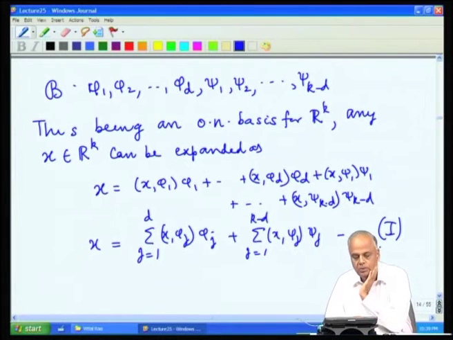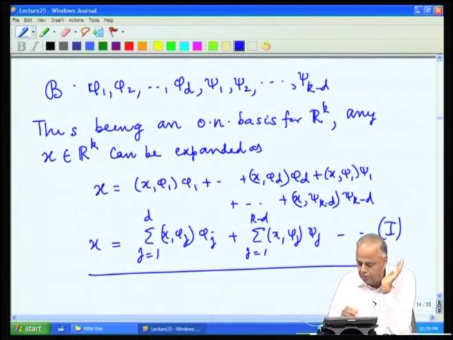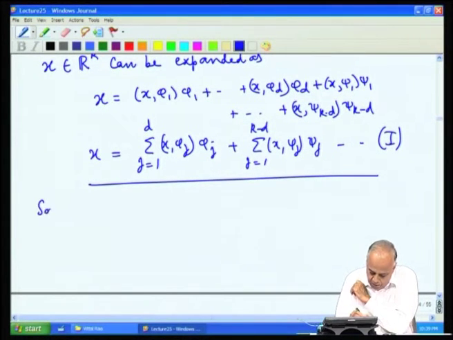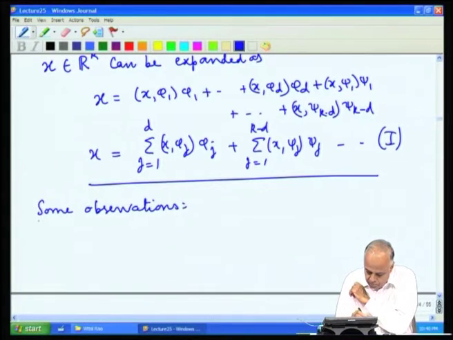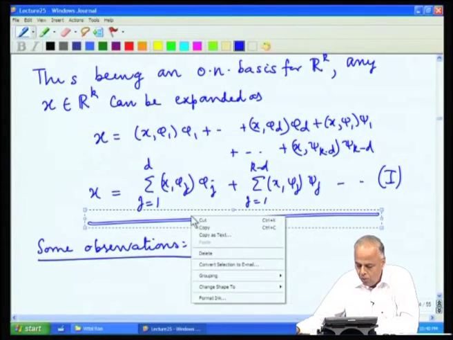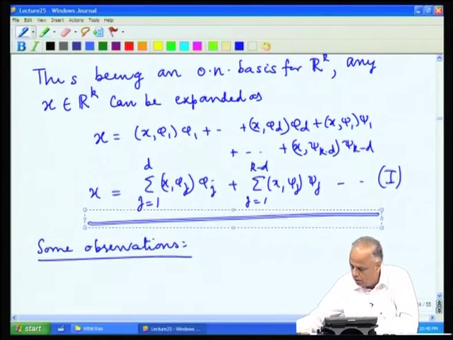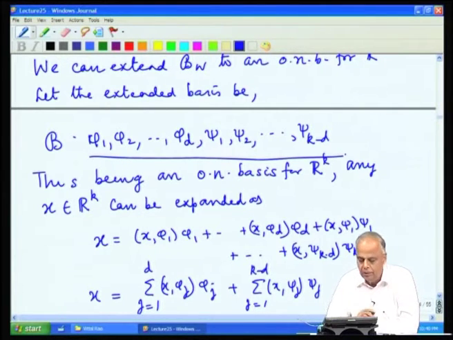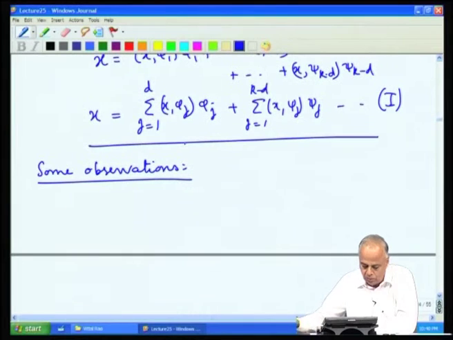Now, we are going to observe certain facts from this expansion. Some observations that we will make are about these vectors psi j. Since this is an orthonormal basis, every vector in it is orthogonal to any other vector, and therefore, psi 1 will be orthogonal to phi 1, psi 1 will be orthogonal to phi 2 and psi 1 is orthogonal to phi d.